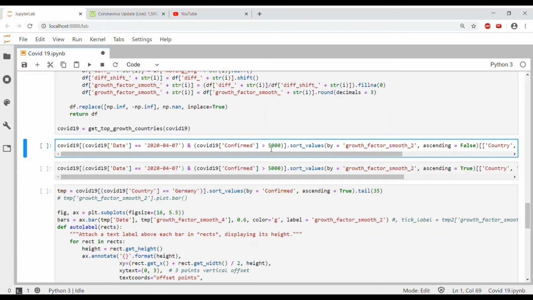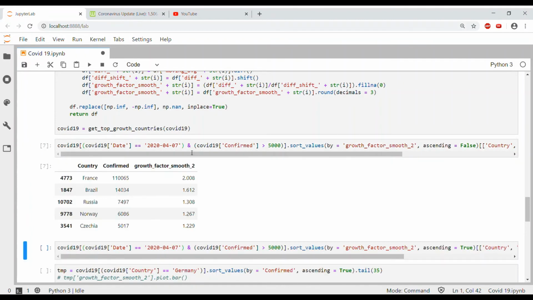There are different testing capacities, so that's why I just consider the countries who have more than 5,000 cases. I think that data is more reliable, and the growth factor I'm calculating is a moving average over 3 days in this case, and the date is 7th of April.